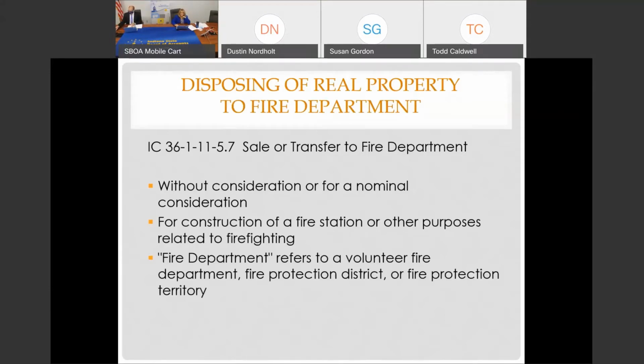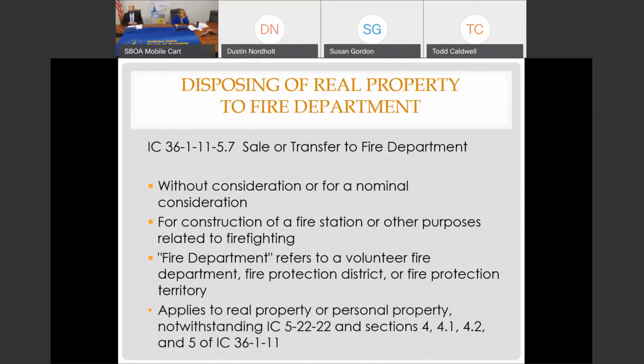And fire department here refers to a volunteer fire department, a fire protection district, or a fire protection territory. And this one applies to real and personal property. It's one of the few that actually apply to personal property.